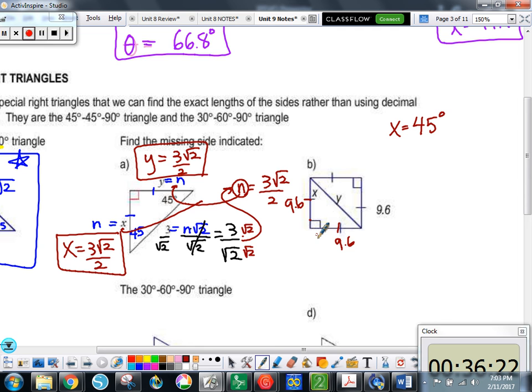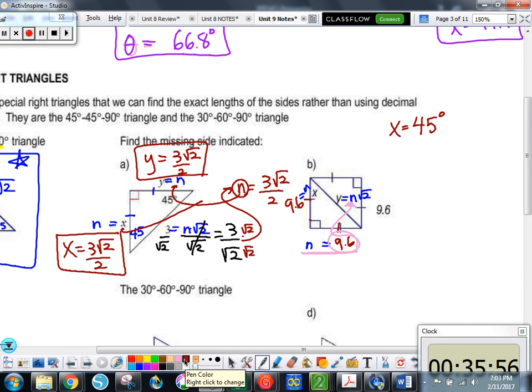Now, if I label these n square root 2, the isosceles sides would be n. So n, n, n square root 2. I know what n is, so I'm going to take this number and substitute it right here.